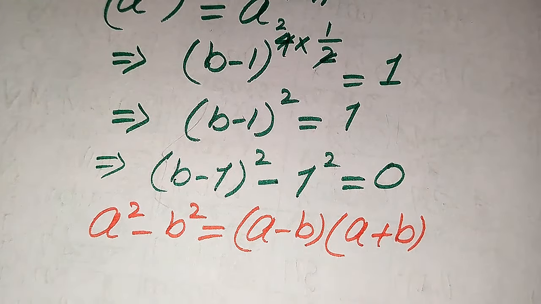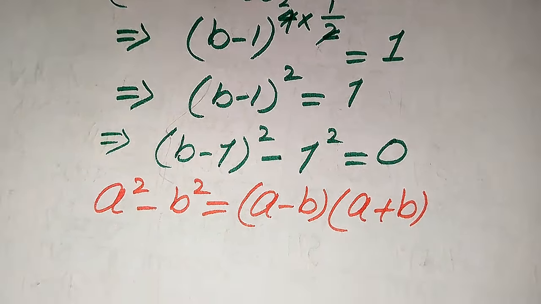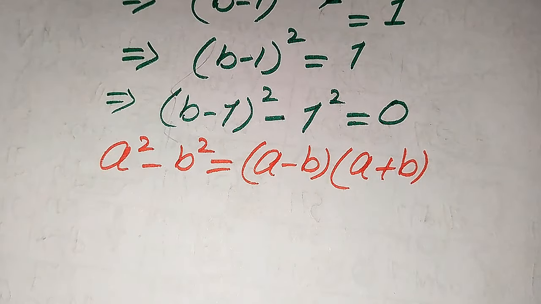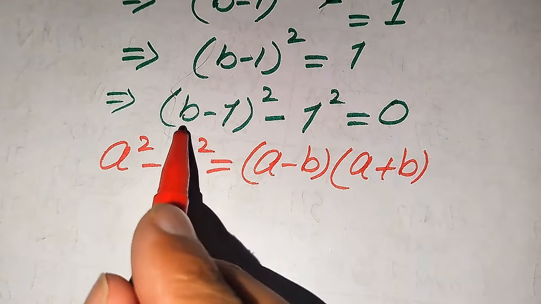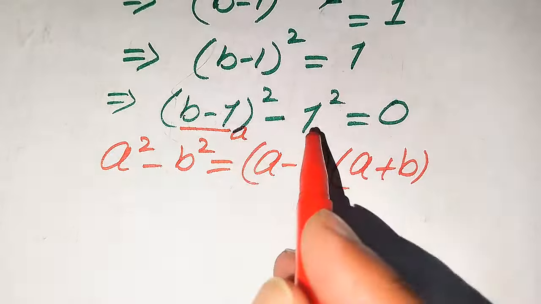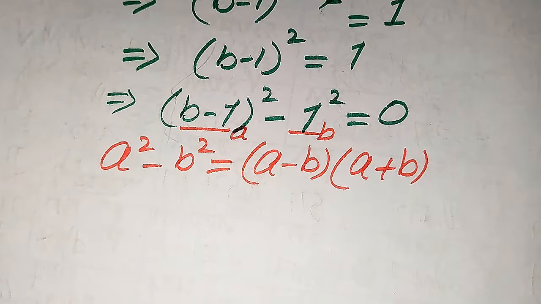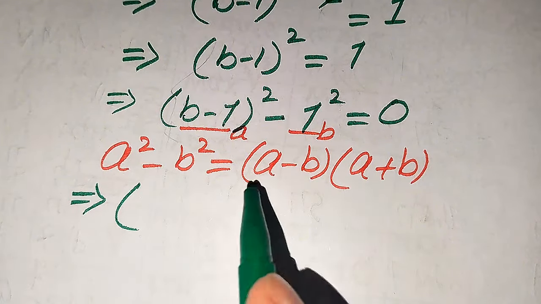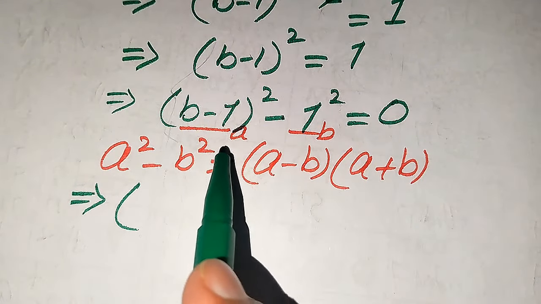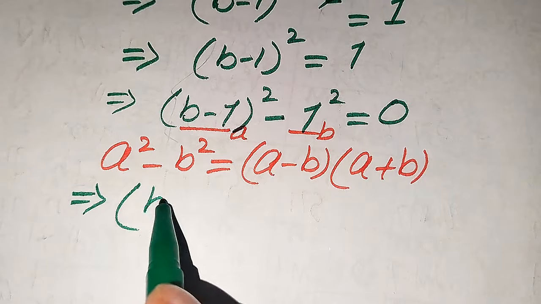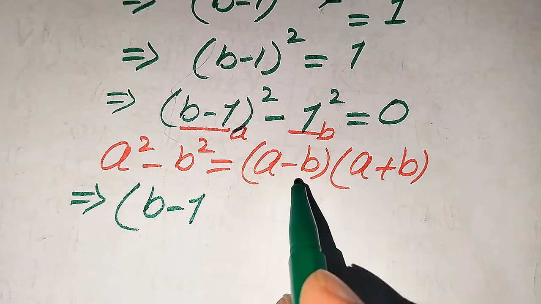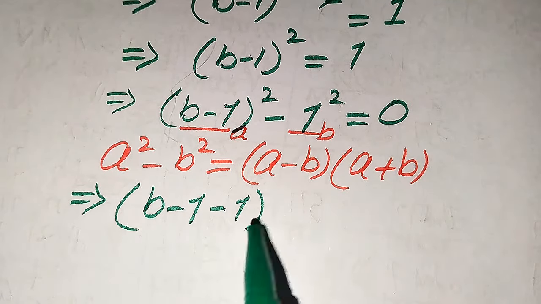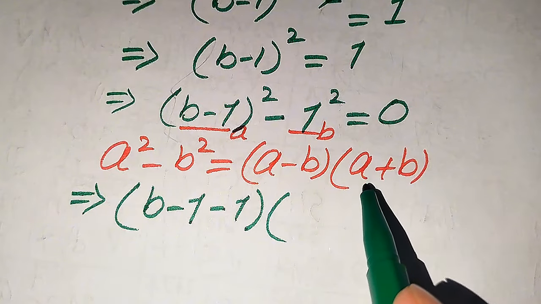So according to this formula, we write our above equation as, and you see here the base of this term is our a and the base of this term is our b. So we substitute the values of a and b into the formula. After substituting these values, the value of a is b minus 1 minus b, the value of b is 1, into a plus b.